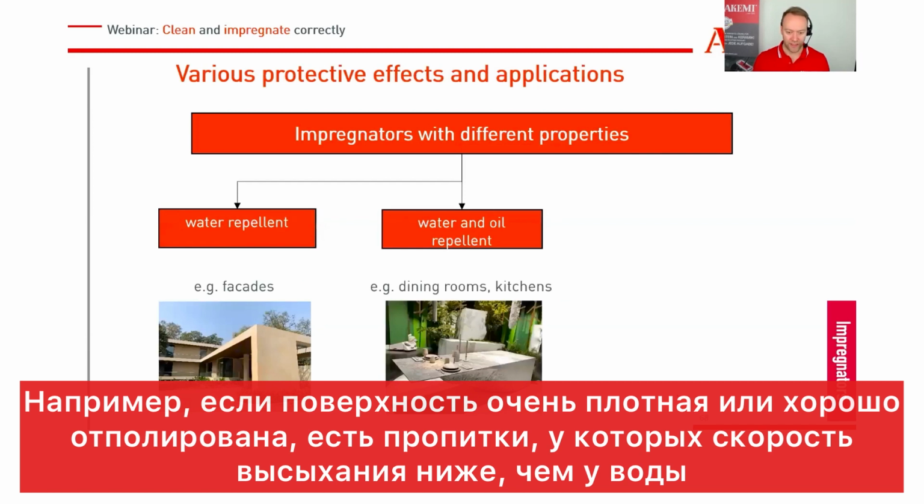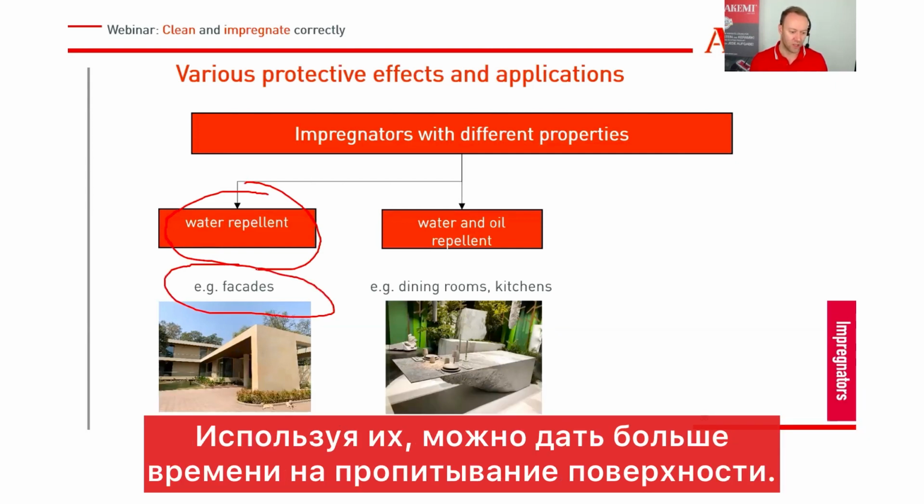Then we have 3 different types of impregnations: water repellent, or hydrophobic products, usually used on facades where no other protection is needed besides water and dirt. Then we have water and oil repellent or foodstuff repellent impregnators, usually used in dining rooms, kitchens, countertops, tables, restaurants.